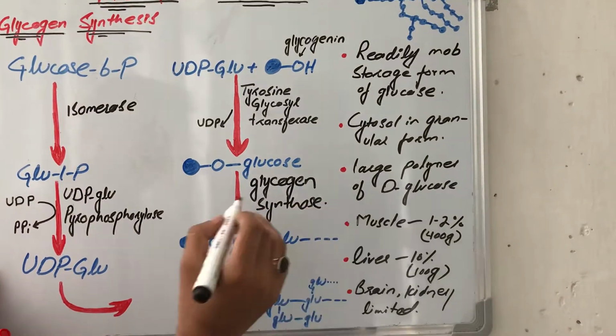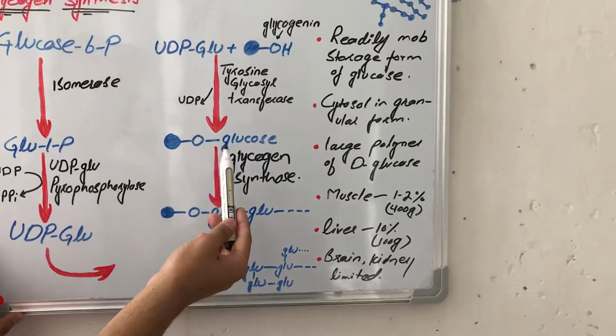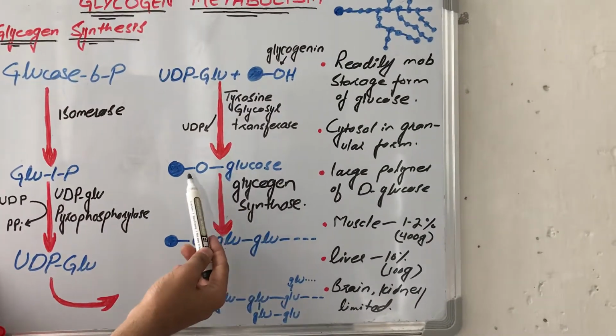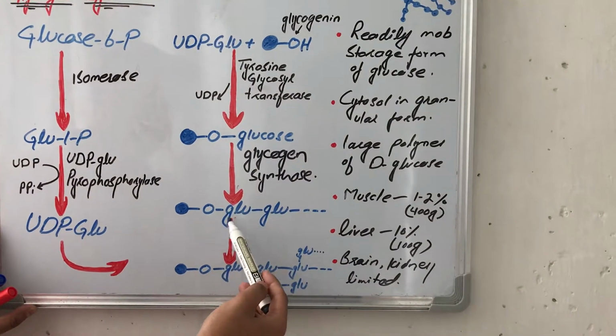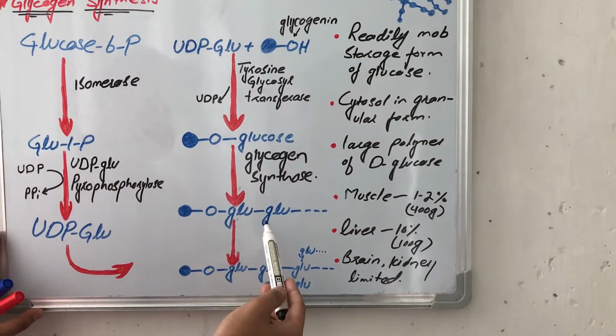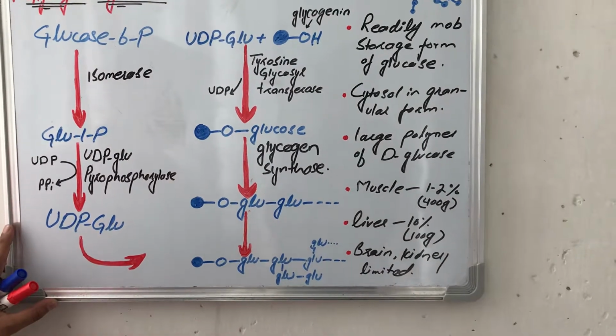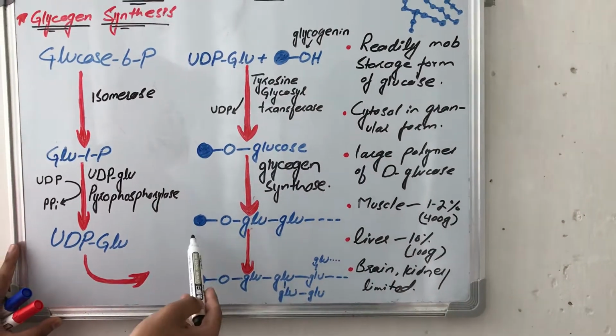This glycogen synthase is a regulatory enzyme which, after the addition of the initial glucose to glycogenin, starts adding more and more glucose to it. So it forms a long chain of glucose added to the glycogenin.